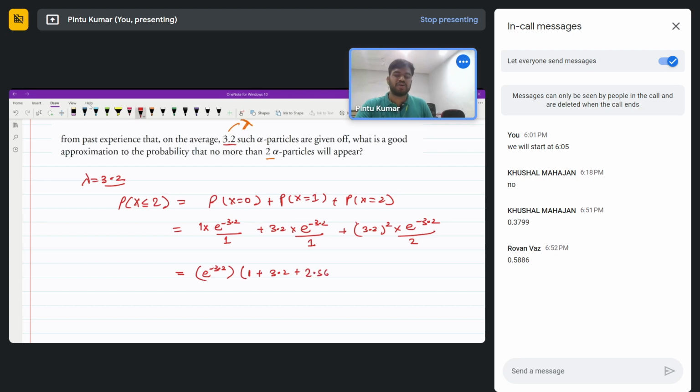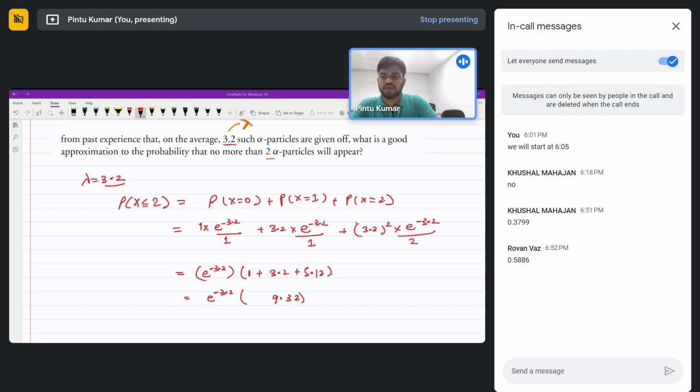Now I think we should get something higher. Wait. Yeah, sorry, I divided by 2. This is 5.12, right? So this is e to the power minus 3.2 into 9.32. Let's see what e to the power minus 3.2 is.